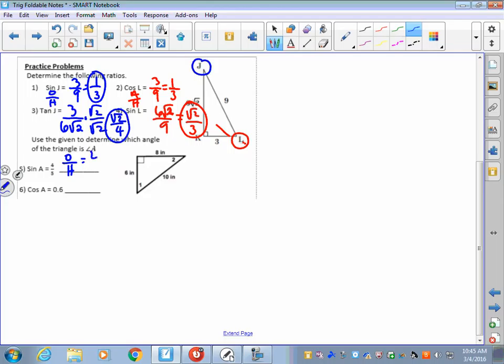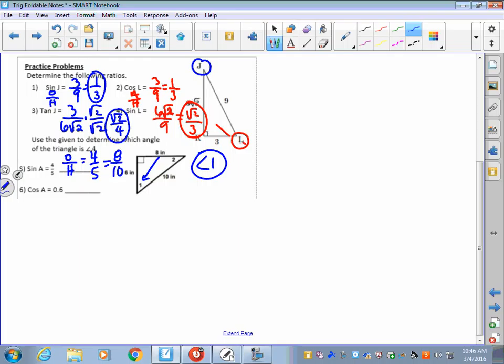So if it's 4/5, the 4 has to be the opposite side, and the 5 has to be the hypotenuse. Look at our numbers here. We have 6, 8, and 10. It's 8 over 10, which is the same as 4/5. Yes, because you go opposite of 8, and that means that this would be angle 1. You're absolutely right. Angle 1 is for the first one.